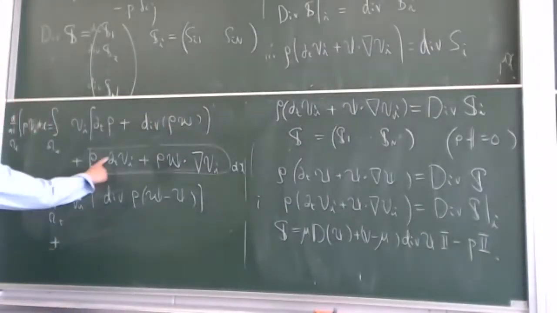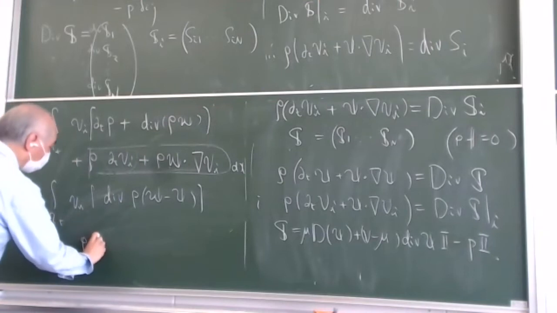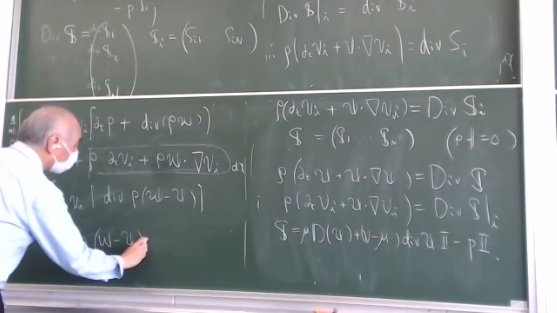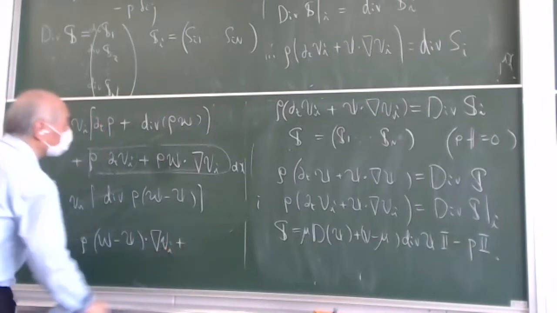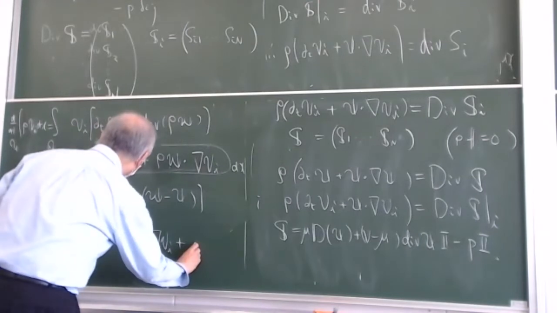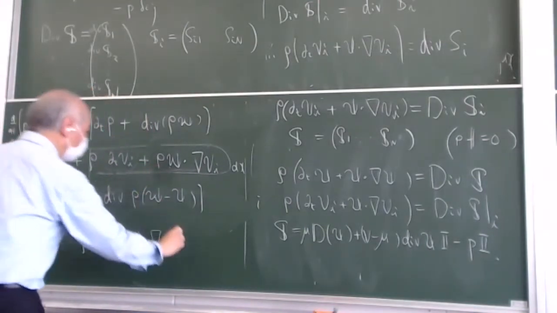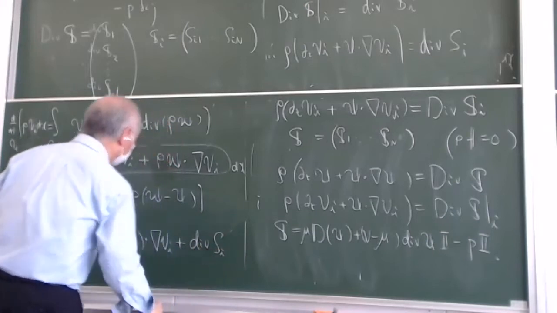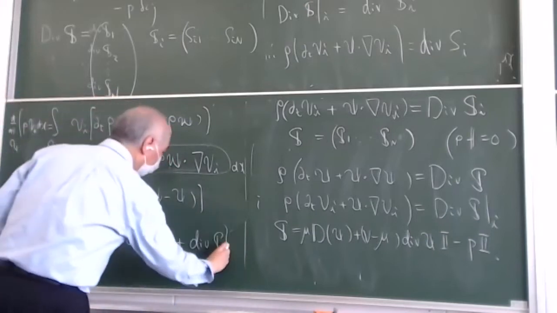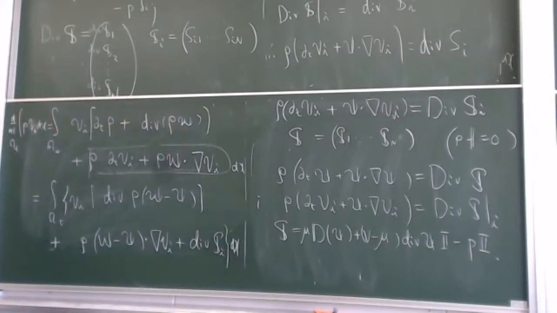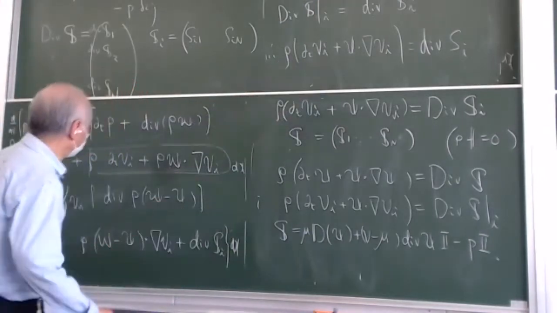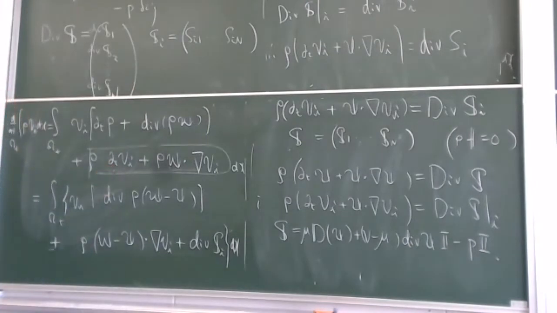Therefore, dt v is rho w minus b, Vi plus div Si. Now plug this formula into here.